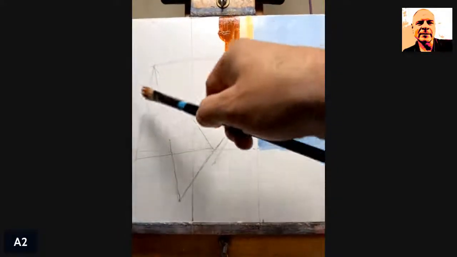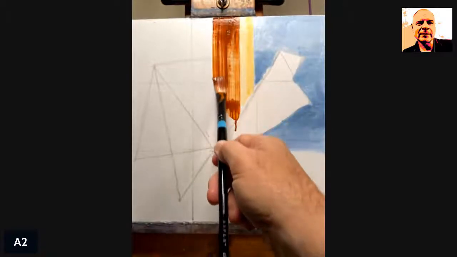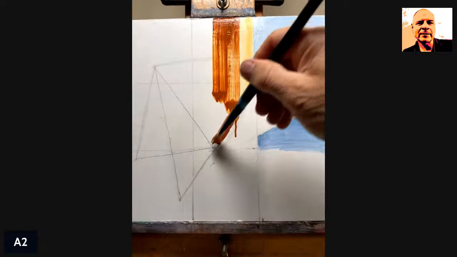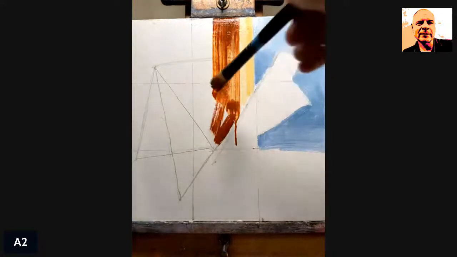So when you have edges coming together, you have to watch out for this, because it creates little tension points that you really don't need. Okay, if that drips down there, it's not a problem, because I'll be dealing with that later.